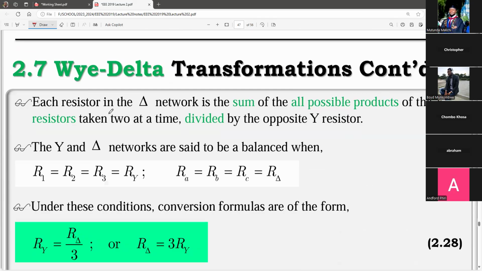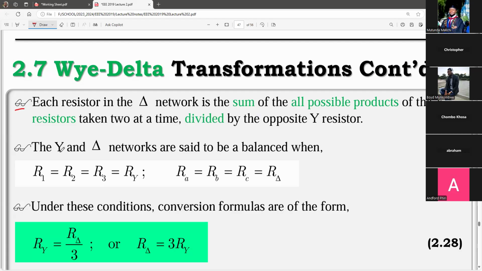Each resistor in the delta network is the sum of all the possible products R1 R2 plus R2 R3 plus R3 R1 of the Y resistors taken two at a time, divided by the opposite Y resistor. The one I was saying, the one that appears diametrically opposite, or the one that is not actually connected at all to that very resistor. This is what this point is telling us.